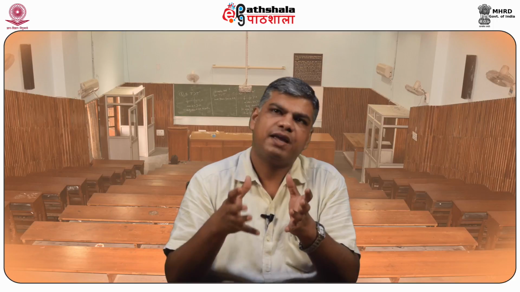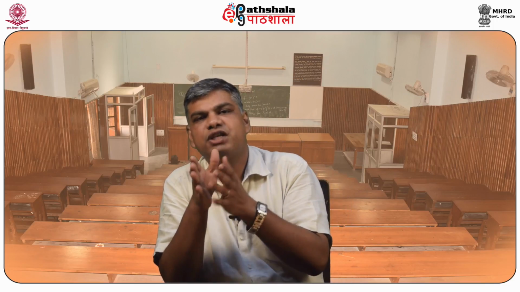Now, let us summarize what all we have learned in this module. First of all, we learned how to derive the orthonormal properties of the Clebsch-Gordon coefficients. After that, we learned about some of the useful symmetry relations between the Clebsch-Gordon coefficients.